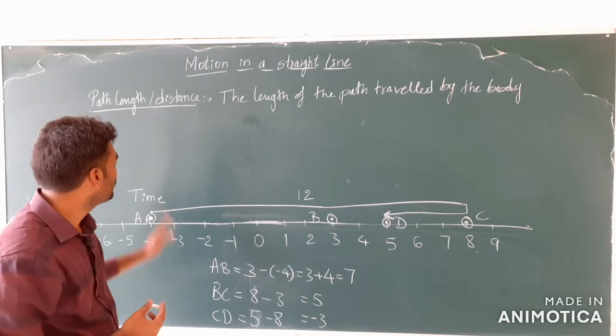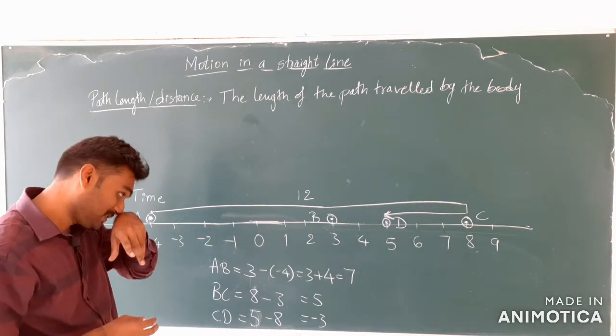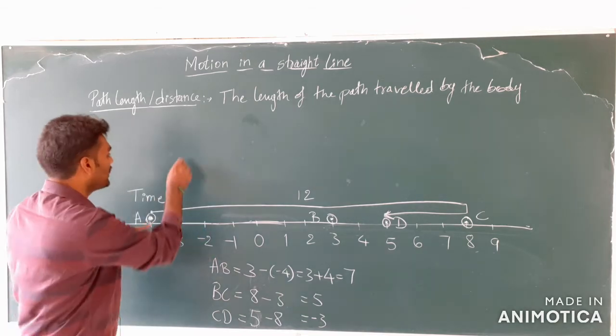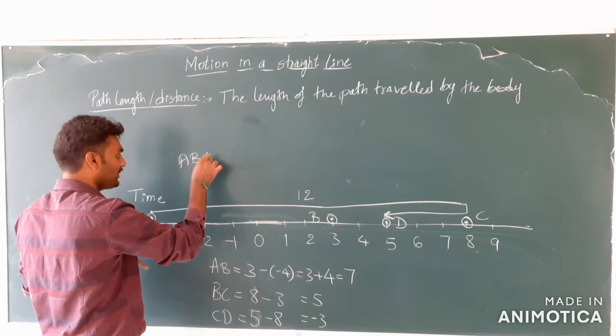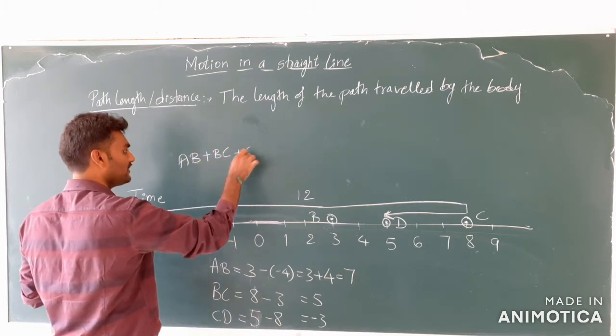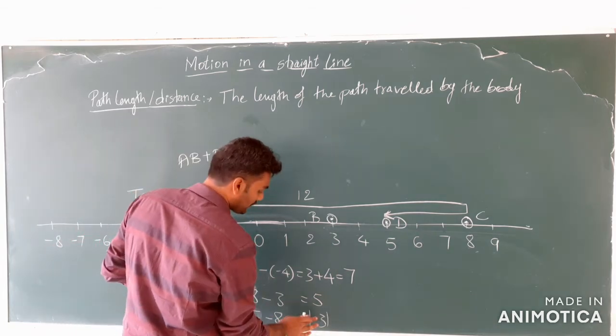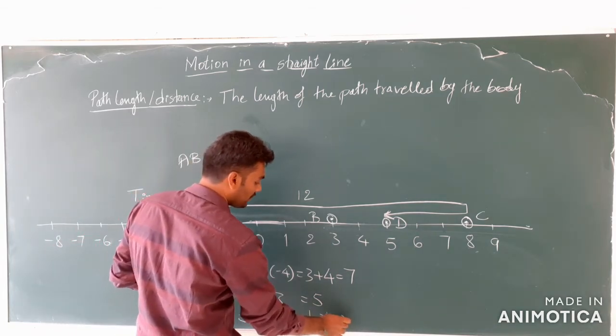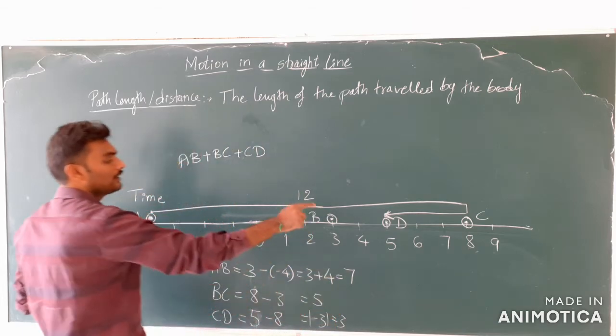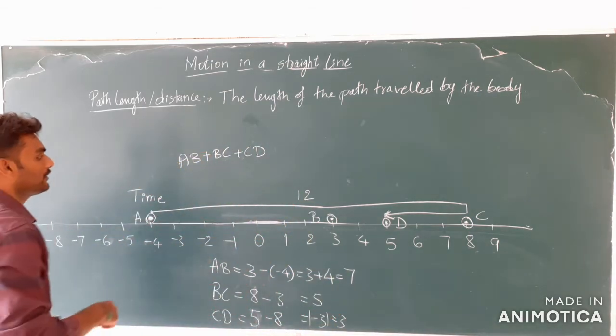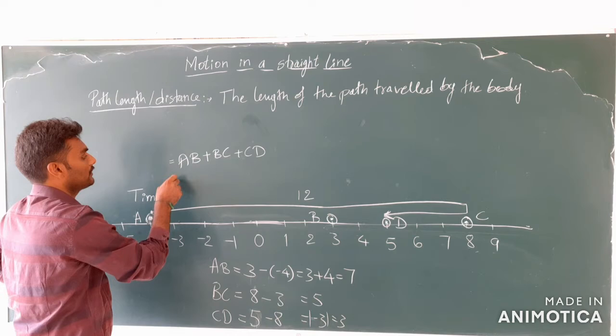So, what is the total path length of the motion? Total path length of the motion is AB plus BC plus CD. We will not worry about the negative sign, it is always 3, because we are finding the distance traveled, or path length.